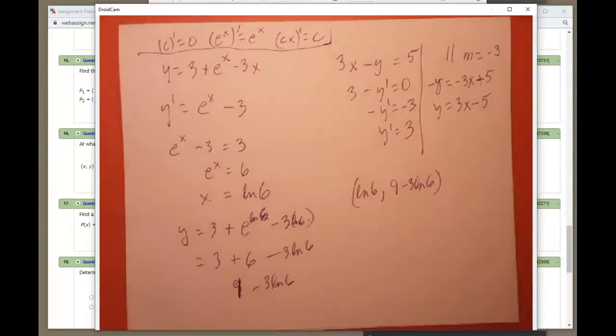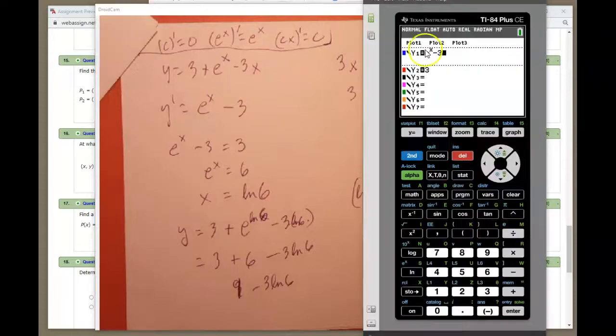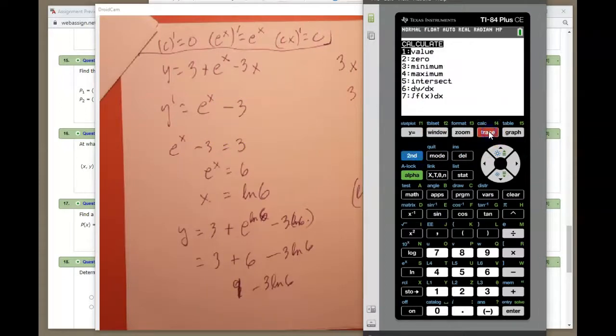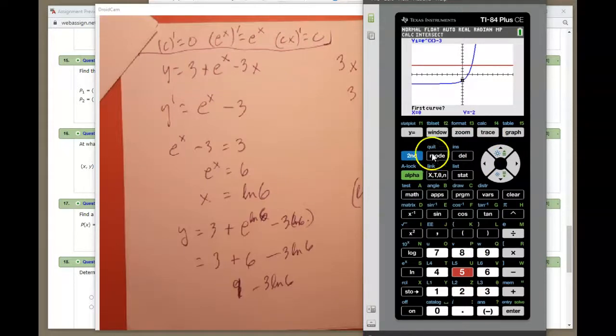Now, if I did this on my calculator, I want to know when the derivative is equal to the slope of that other line. Well, the derivative was e to the x minus 3, and the slope of the other line was 3. So I'll do second trace, and I want the intersection, which is 5. It looks like the first curve is there, the second curve is there, and then the guess, it really doesn't matter.